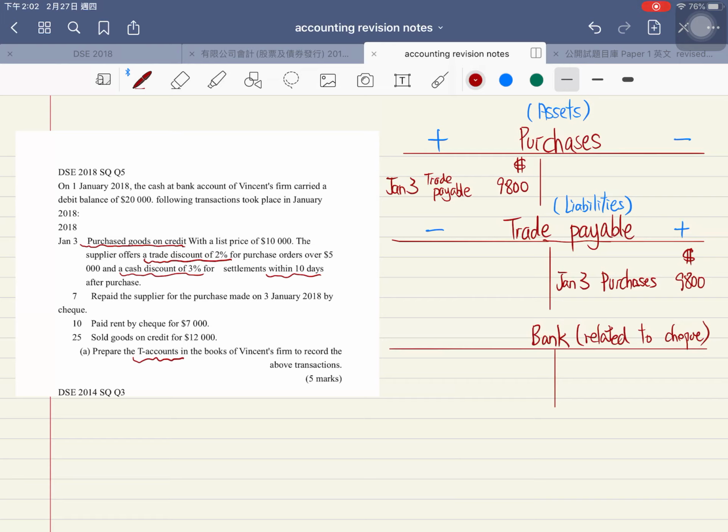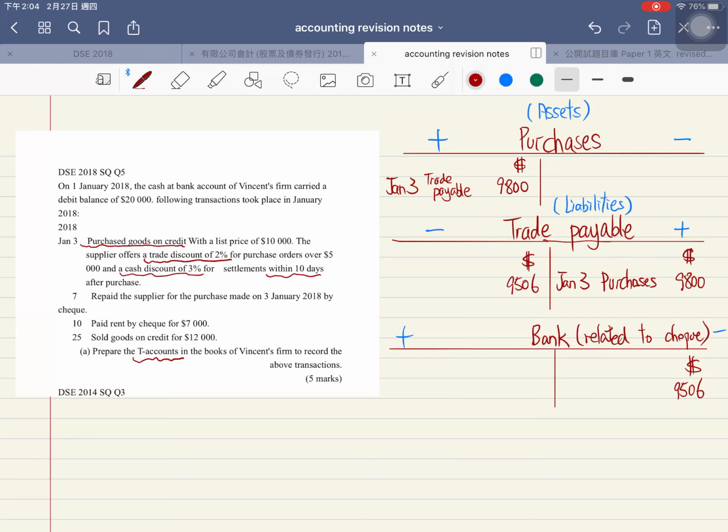So for our bank, because we pay by check, we credit our bank account for this amount, and debit trade payable.